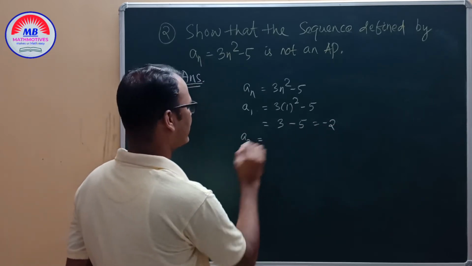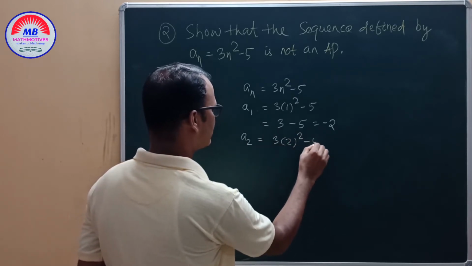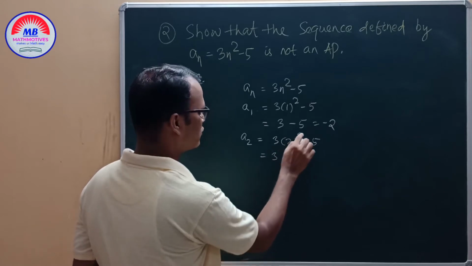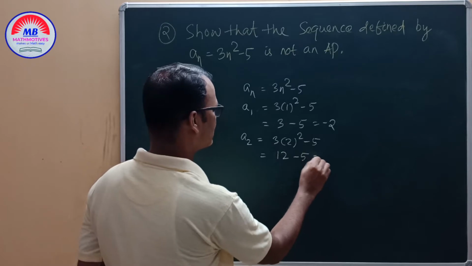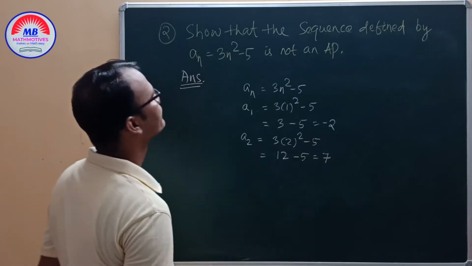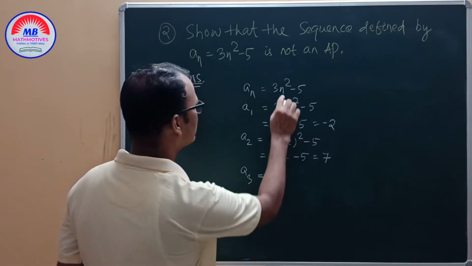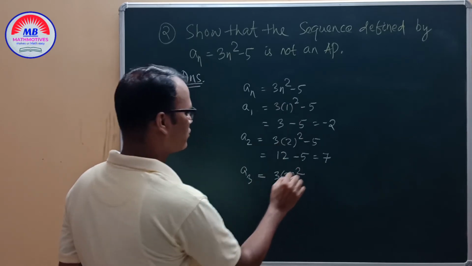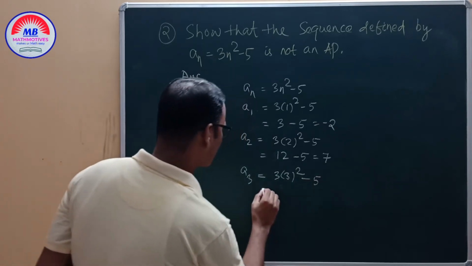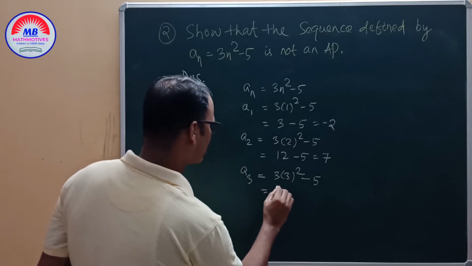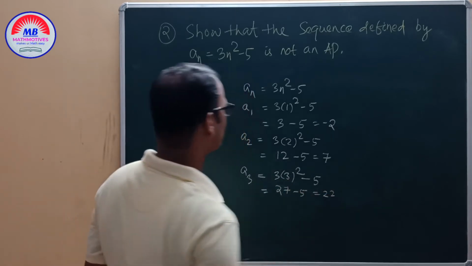Similarly second term, a2 equal to 3 into 2 square minus 5, that is 3 into 4, 12 minus 5 equal to 7. Then a3 equal to 3 into 3 square minus 5, that is 27 minus 5, equal to 22.